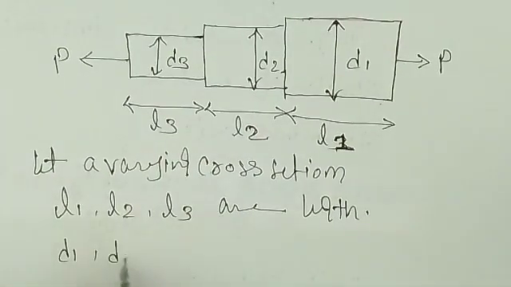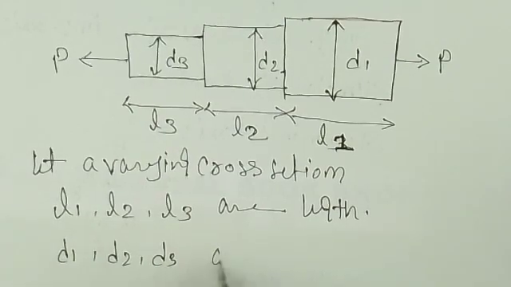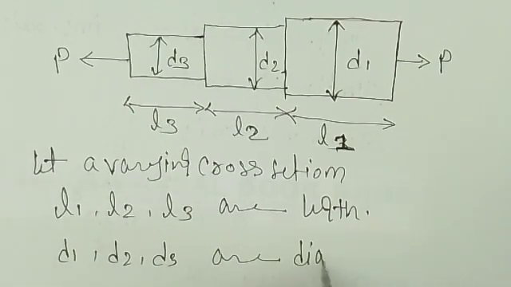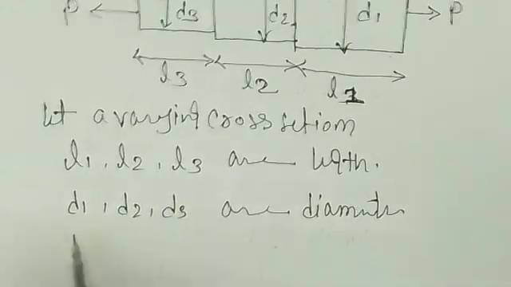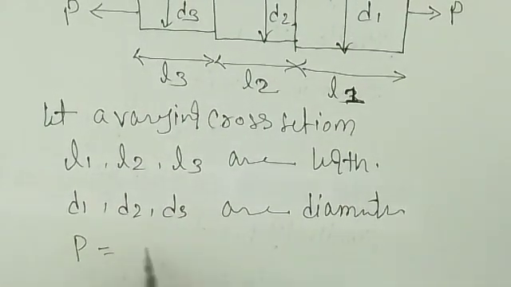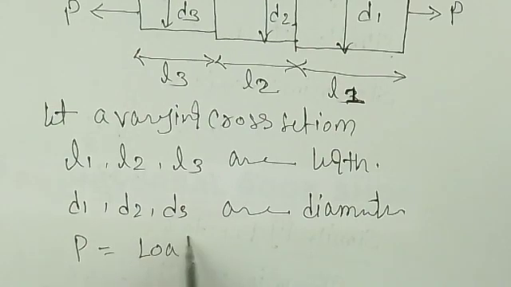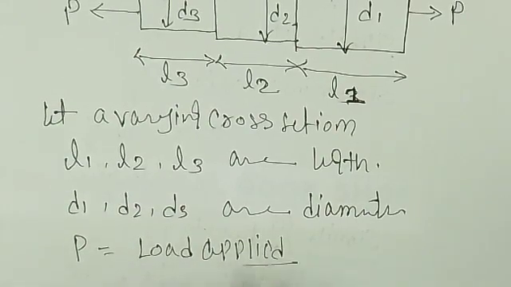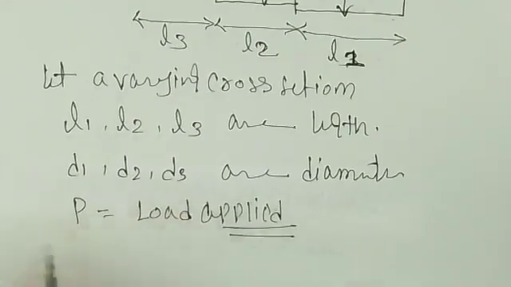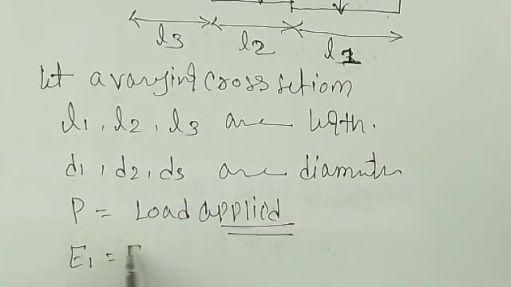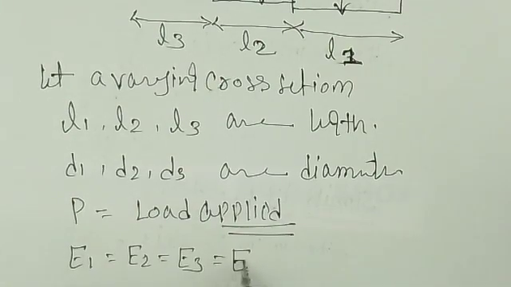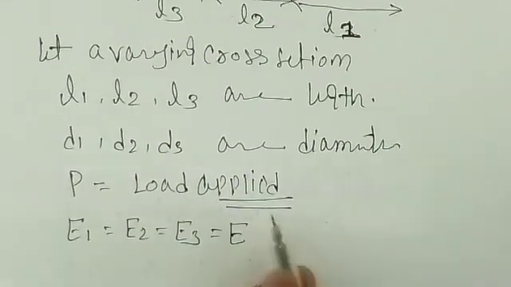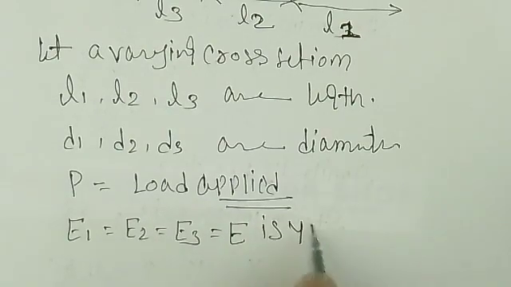D1, D2, D3 are the diameters of section 1, 2 and 3, right? And P is a load applied. Which type of load? Tensile load. And you can say the E1 is equal to E2 is equal to E3, that is equal to E. Why? Because it is homogeneous. E is a Young's modulus.